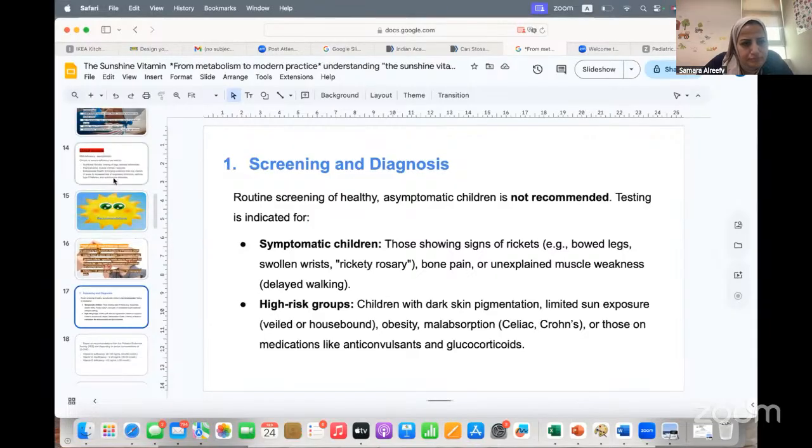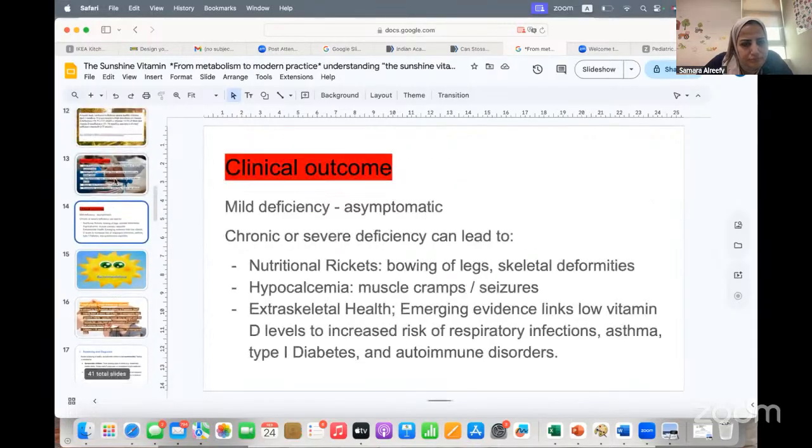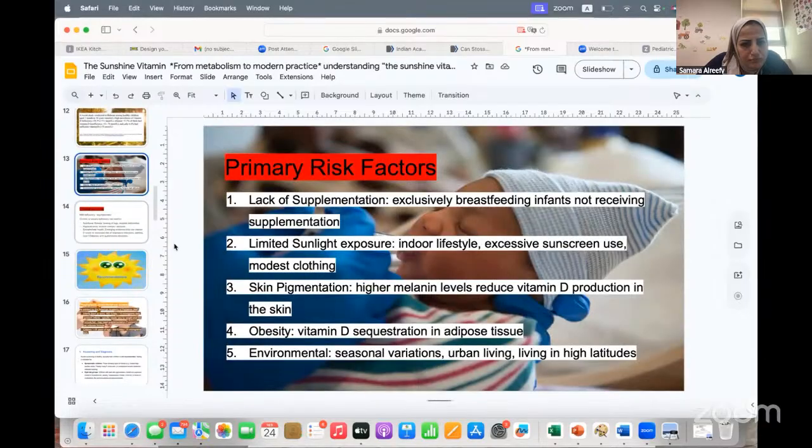There are guidelines for different solar exposure times. Thank you. That's all from my side.